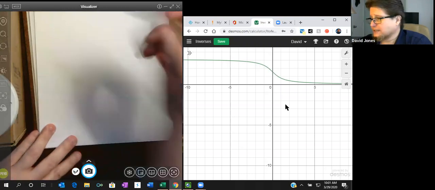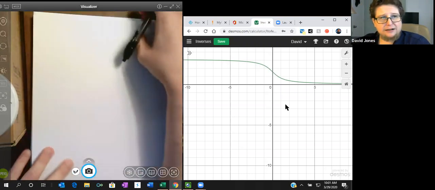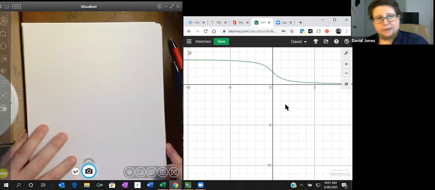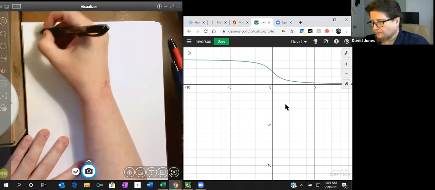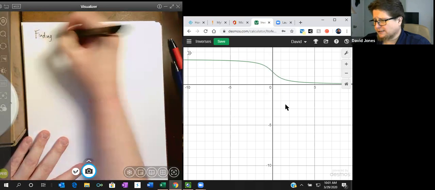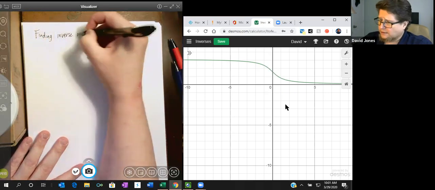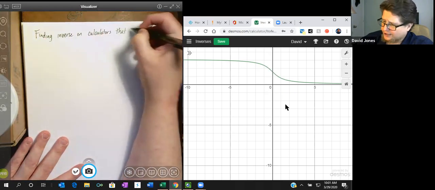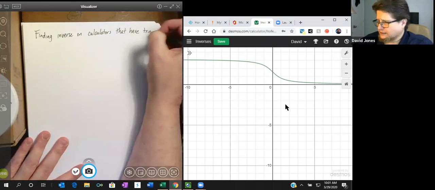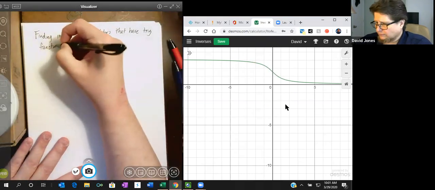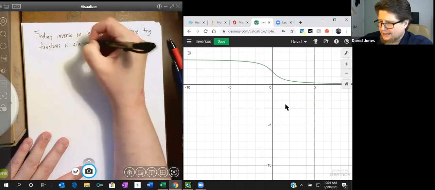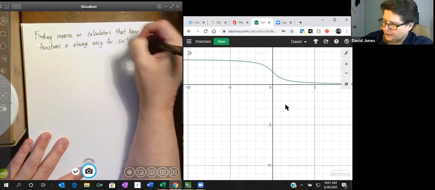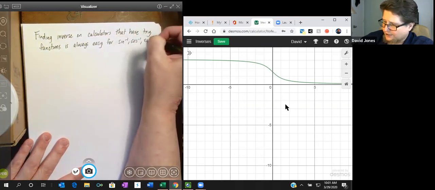On calculators, when it's not one of our easy to use trig values, one of our 5 basic ones, finding the inverse on a calculator that has trig functions is always straightforward for sine inverse, cosine inverse, tangent inverse.